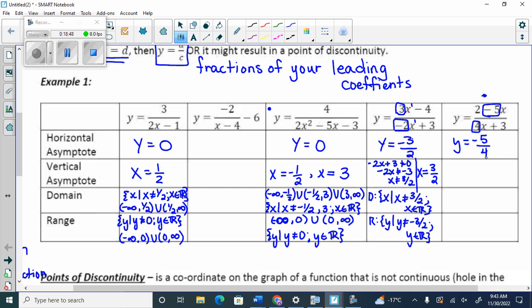Not a half, -5/4. And then your x equals -3/4. And then x such that x can't equal -3/4, x on the reals. Y such that y can't equal -5/4.